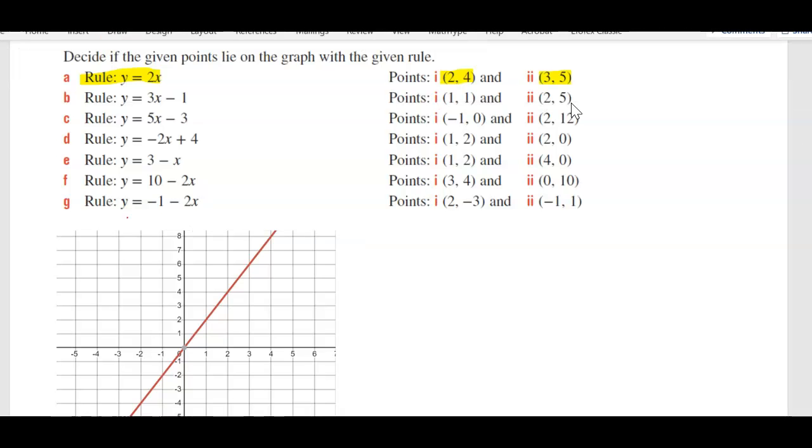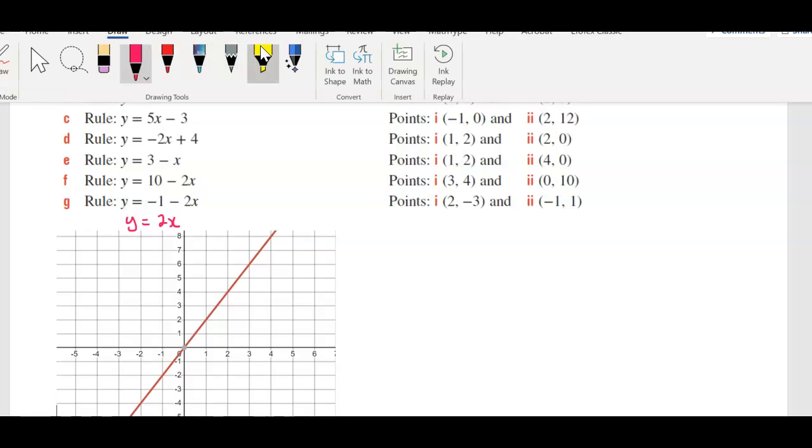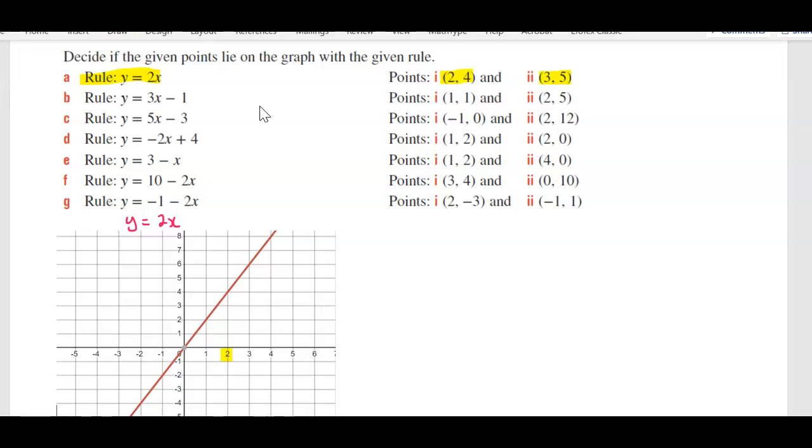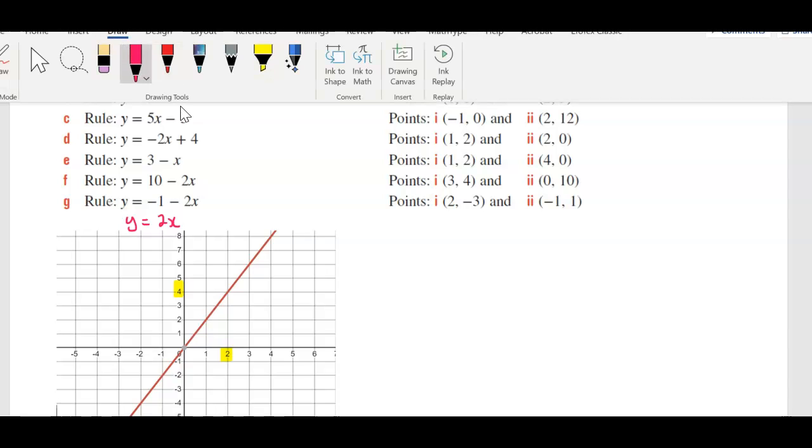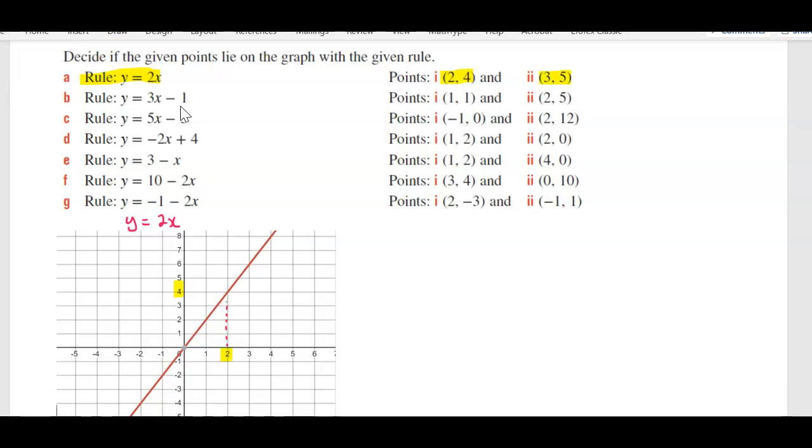first of all, the line. So this is y equals 2x. All right, so the point's 2, 4. So that means x equals 2. So I might highlight that. X equals 2 and y equals 4. So let's go up and across.